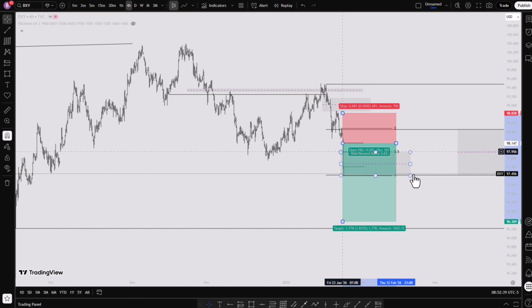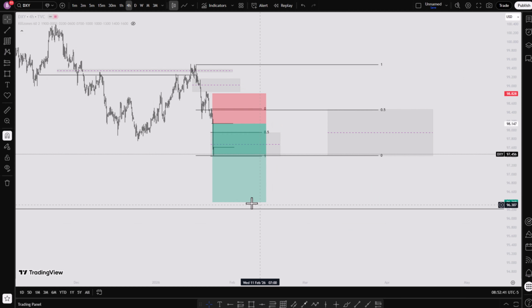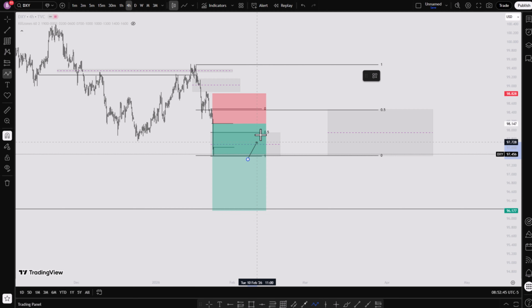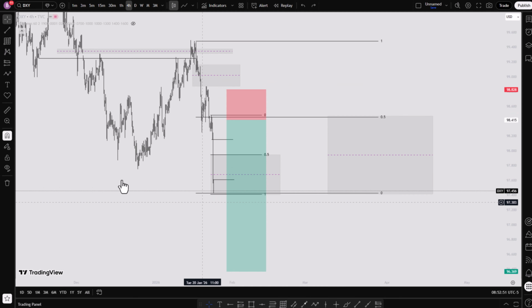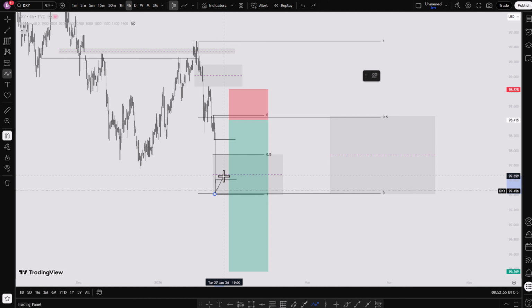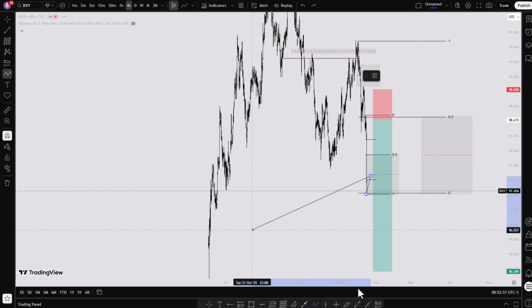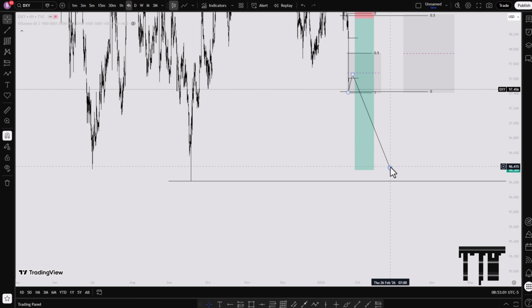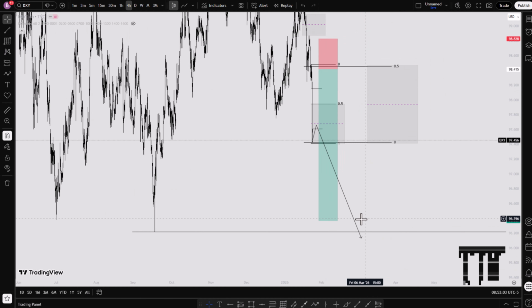So in essence, we want to see price going bullish before going bearish, or we see price going slightly bearish here and then continue to this point of interest here at this level. So guys, this is what I have on the dollar index.